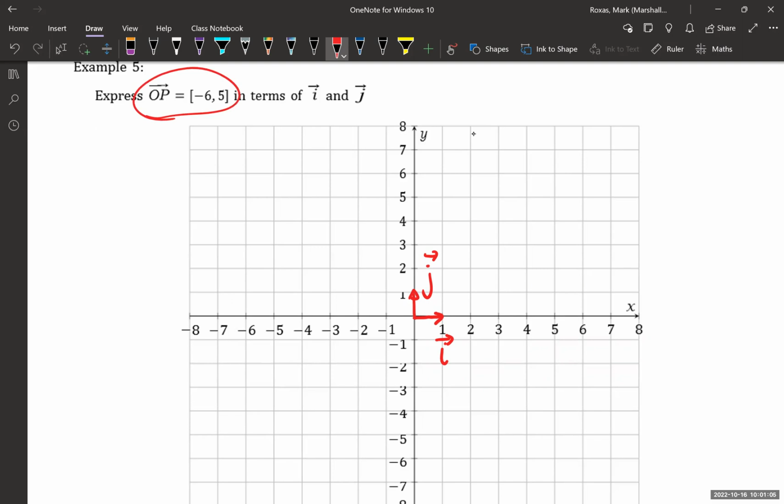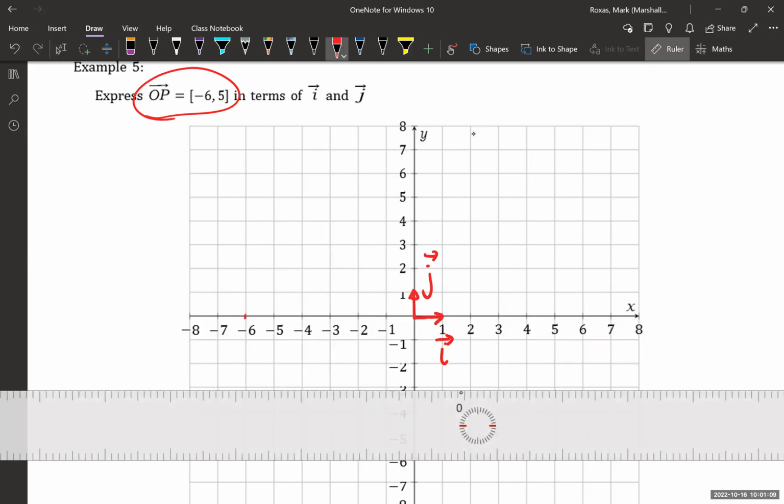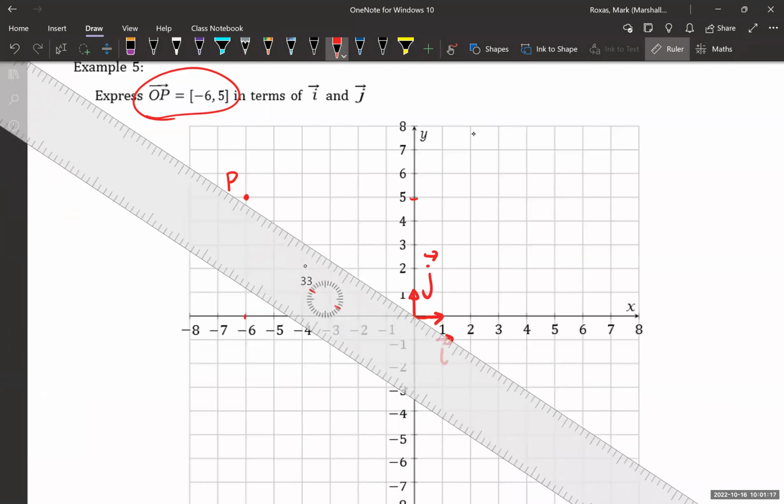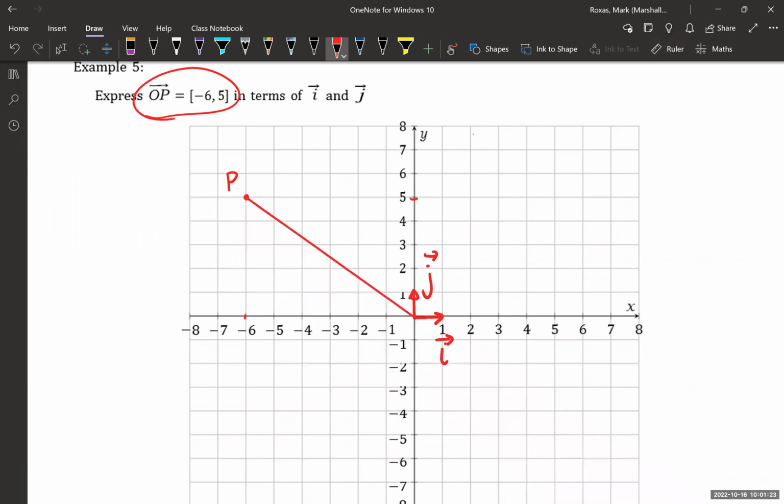If I draw O to P, I go -6 along the x-axis and 5 along the y-axis, so point P would be right there. I can draw that vector connected to the origin with the arrowhead at point P.